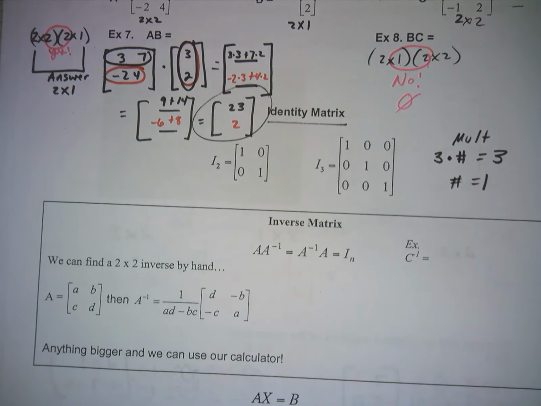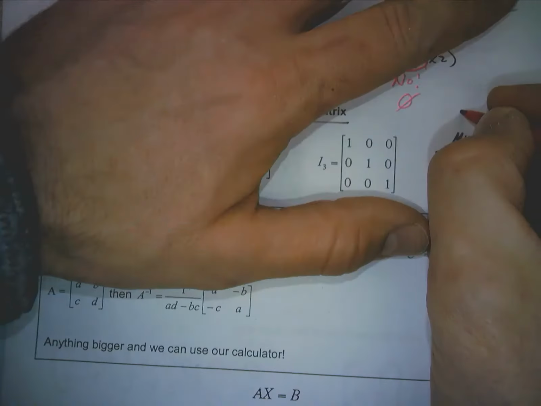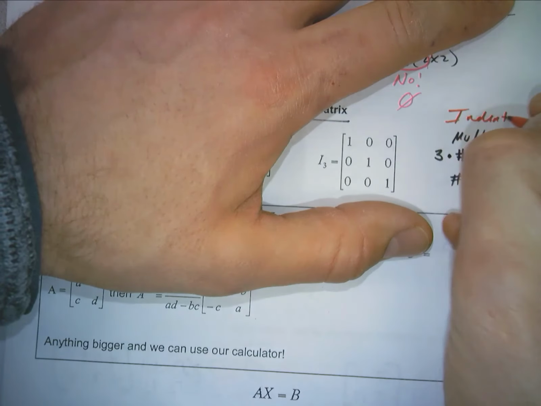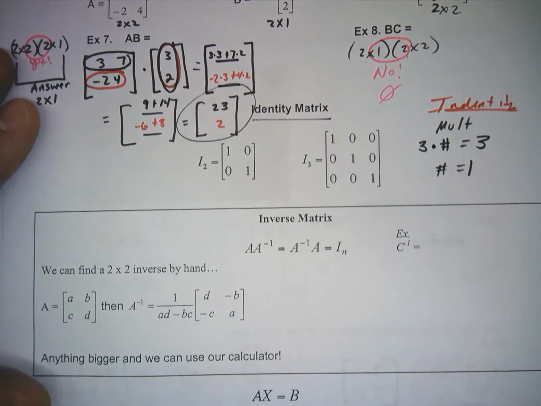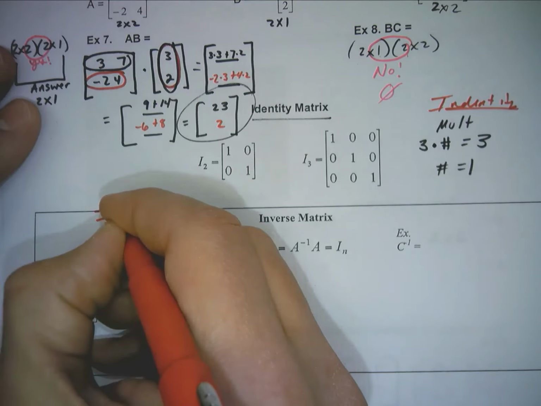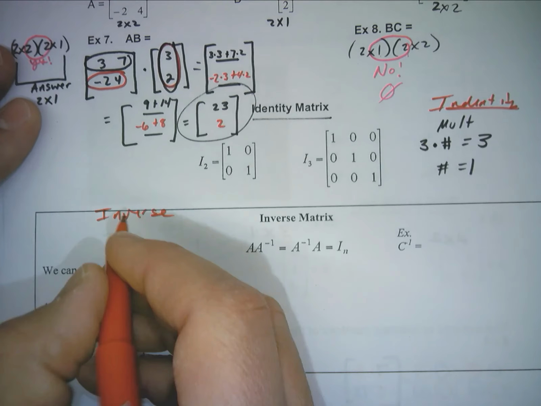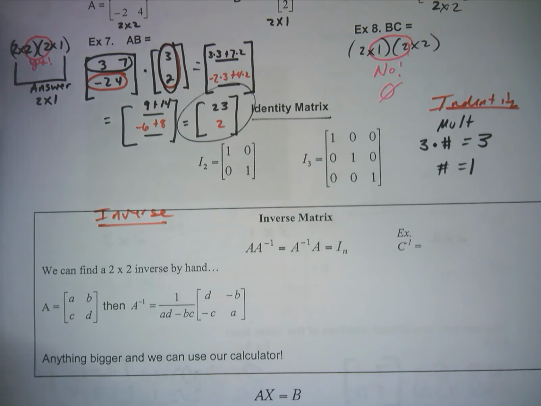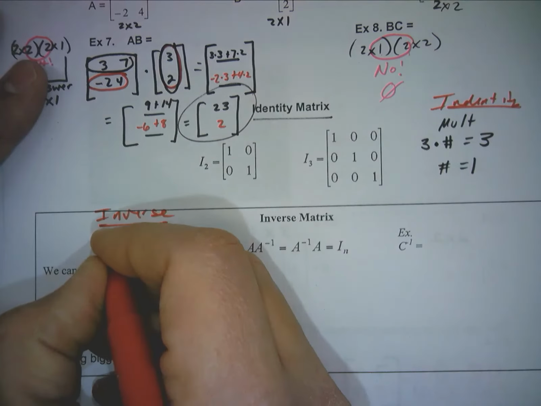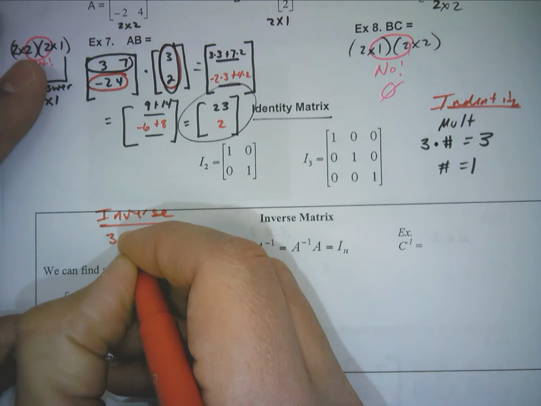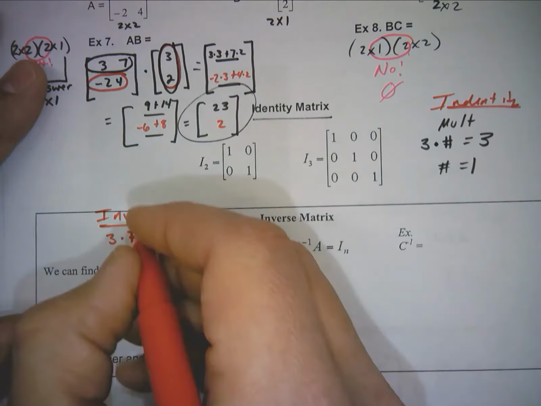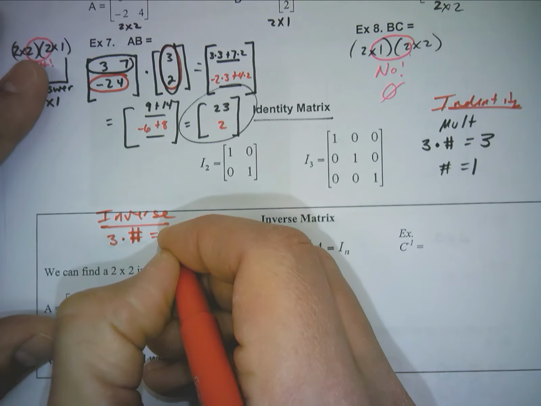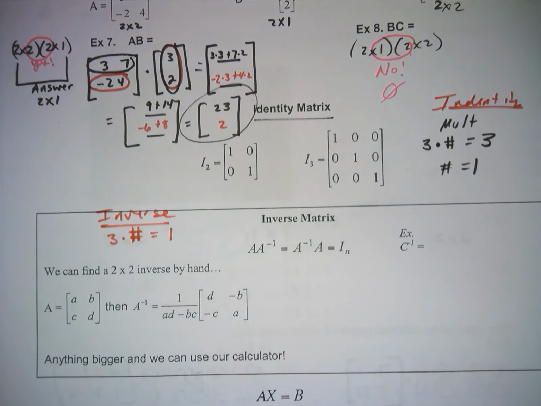Okay. Well, an inverse, so that's identity. Let me write that. So now the next question is, well, what's an inverse? It's best to explain what an inverse is for multiplication so you understand what it is for matrices. 3 times the number gives me 1, or the identity.